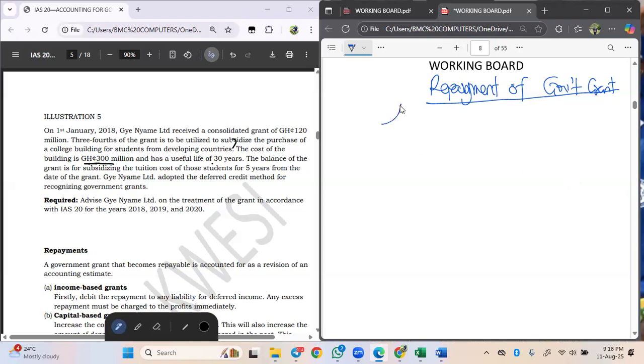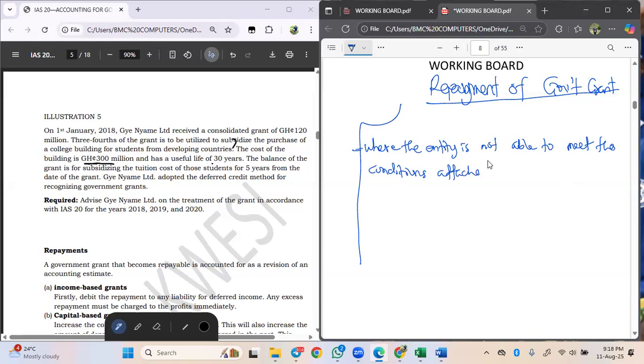So this is what I can give you here. And they are not able to meet the conditions attached to the grant.